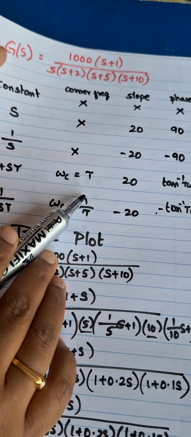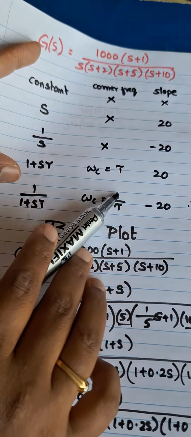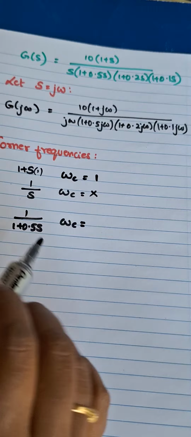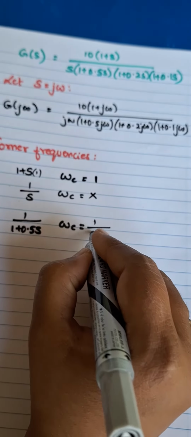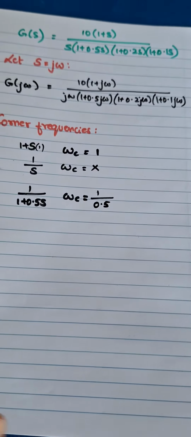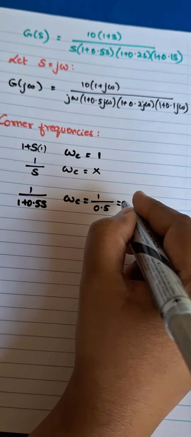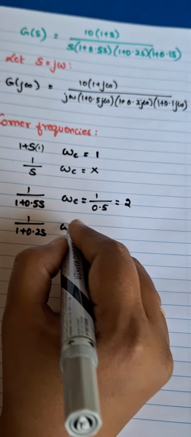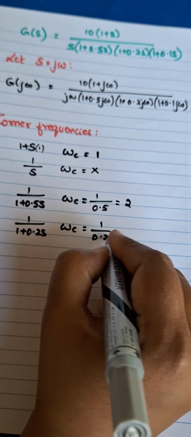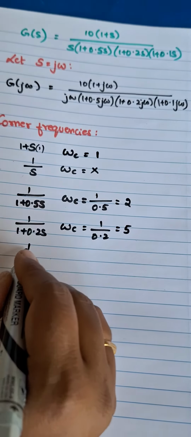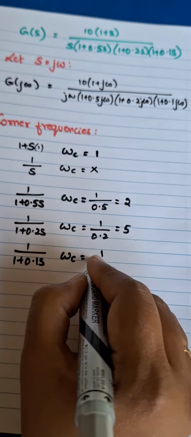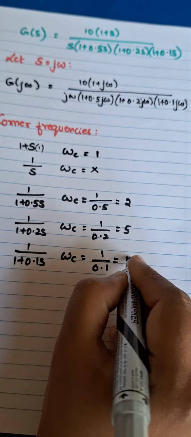For the denominator it is 1 by the s coefficient. So s has 0.5, so I can write it as 1 by 0.5, which will be 2. Next, another term is 1 by 1 plus 0.2s. Here the corner frequency will be 1 by 0.2, which is 5. Then another term is 1 by 1 plus 0.1s, which means the corner frequency is 1 by 0.1, which is 10.